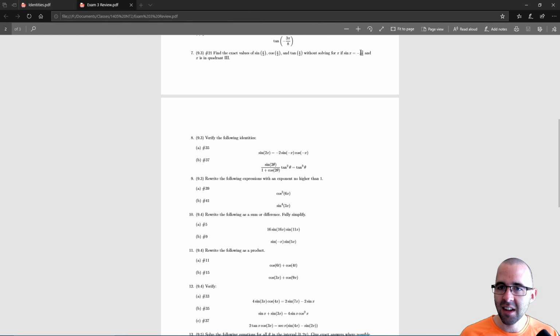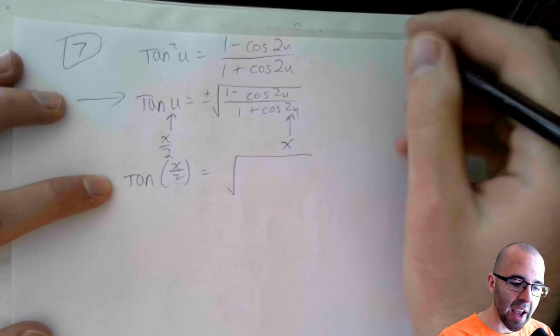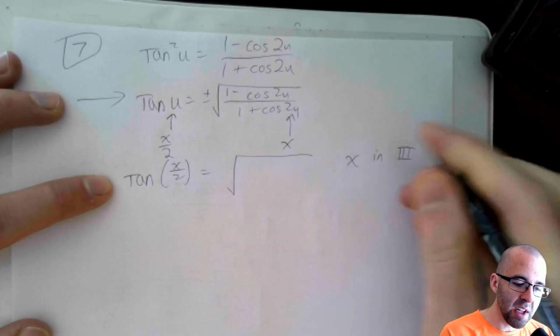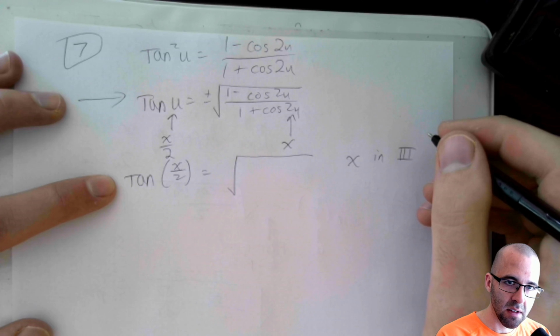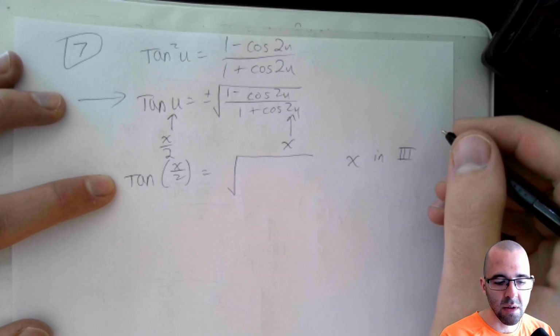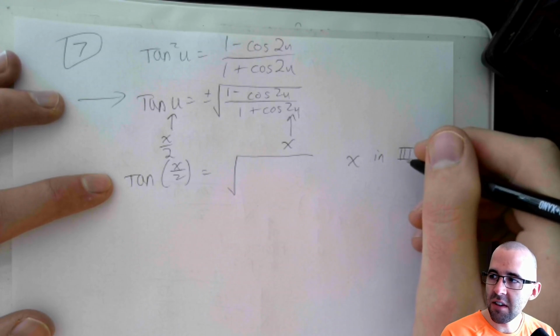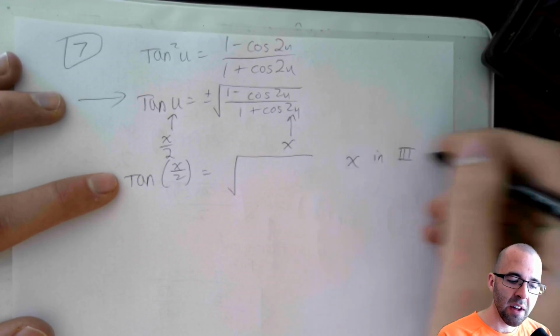So we know sine of x is negative 12/13, and x is in the third quadrant. We need to know what quadrant x over 2 is. All right, it's going to be in quadrant 2. You can think about that graphically if you want, or you can think about it with inequalities, right?